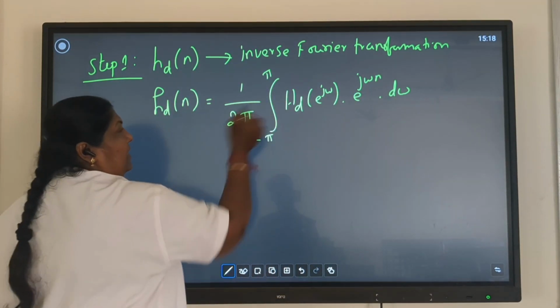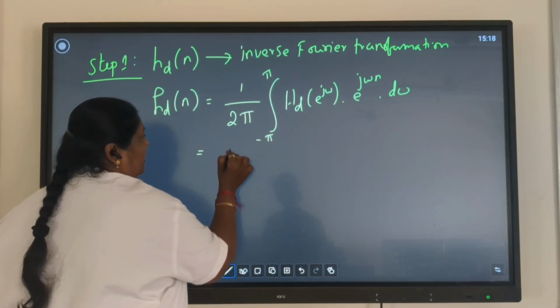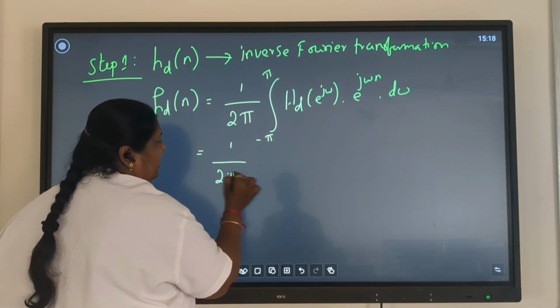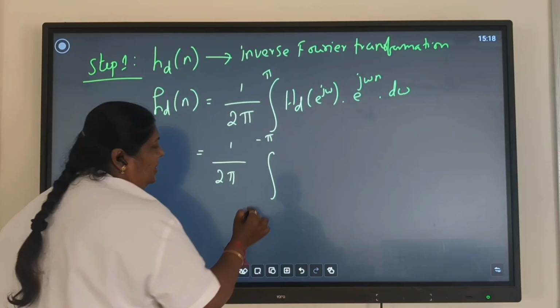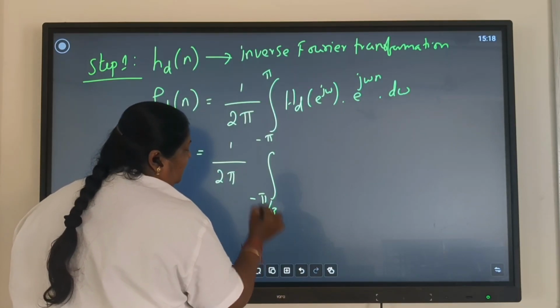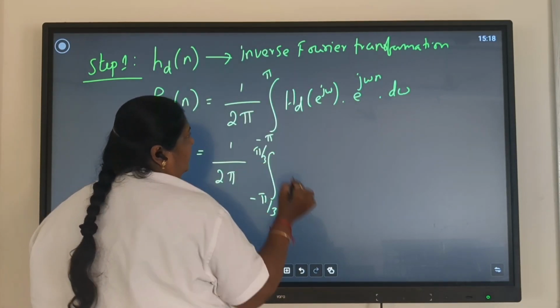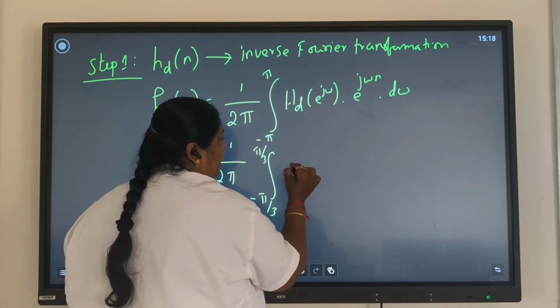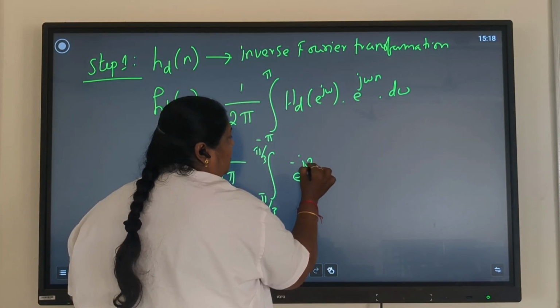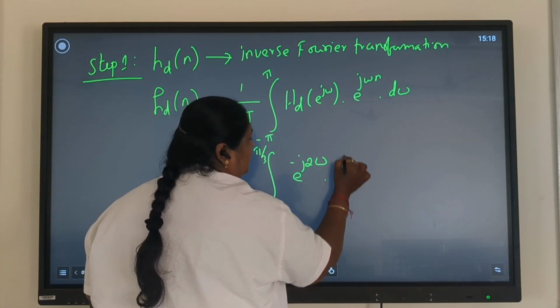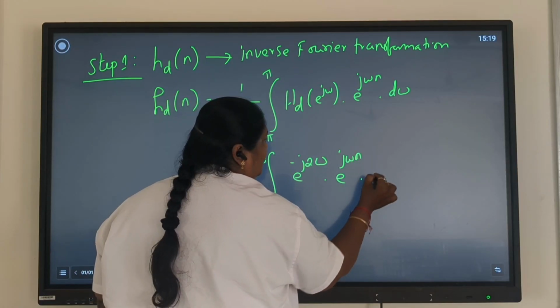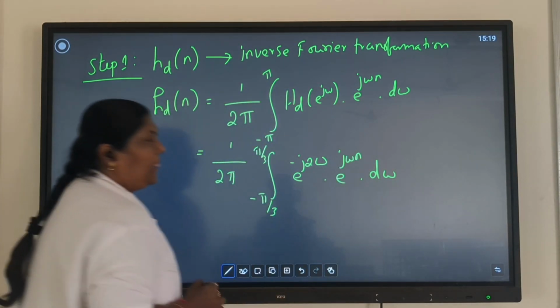So now substitute the value of HD of e power j omega. That is 1 by 2 pi, and the given specification has the cutoff frequency minus pi by 3 to plus pi by 3, HD of e power minus j 2 omega into e power j omega n into d omega.